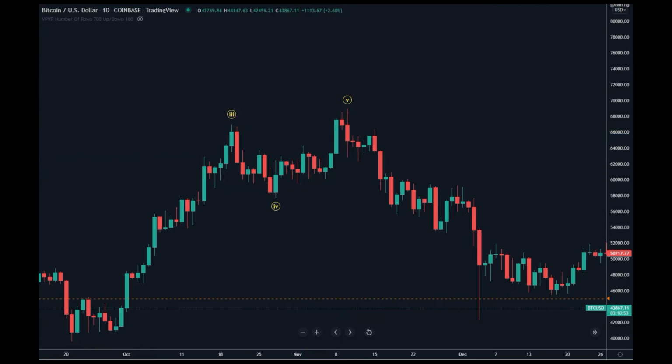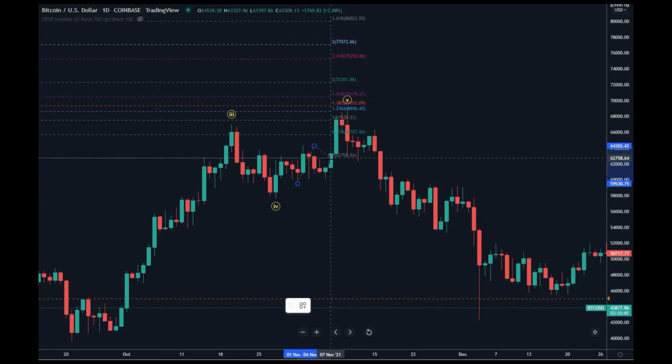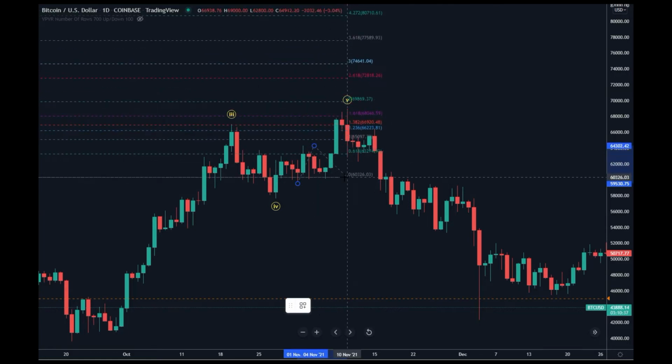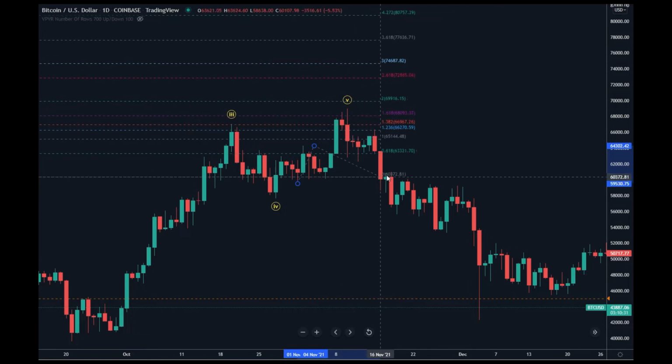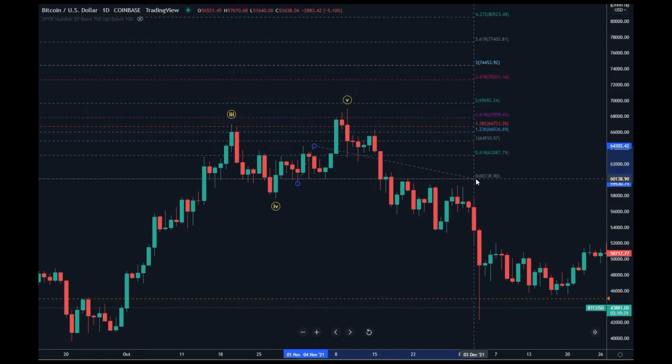So let's do the same thing. By that logic, wave 5 has to be shorter than wave 3. It's a rule of any motive wave. Wave 3 cannot be the shortest for any motive wave. It does not matter what kind. Doesn't matter if it's a diagonal, doesn't matter if it's impulse. And as we can clearly see on the extension here, we can drag it out so we can see the prices and the numbers.